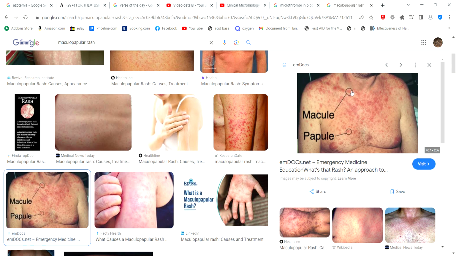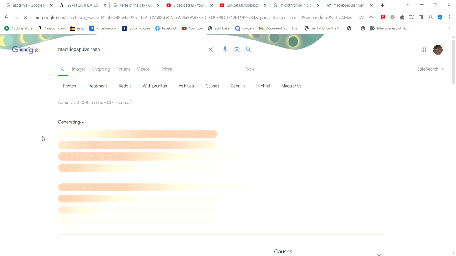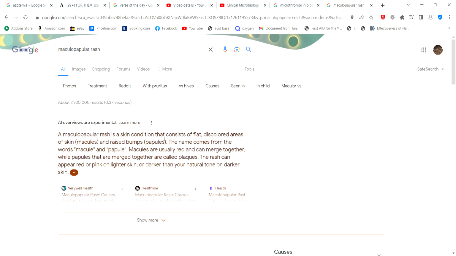So macule is the flattened one. Papule is the raised one. Skin macule is a flattened area of red, and raised bumps are papules.